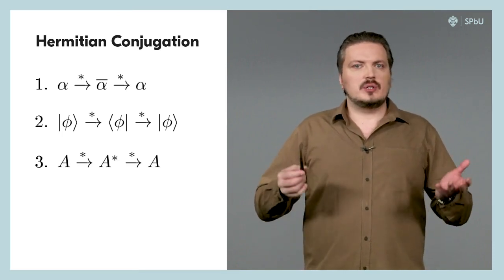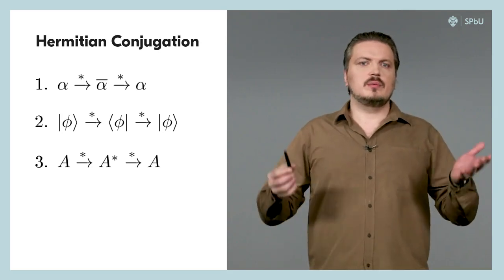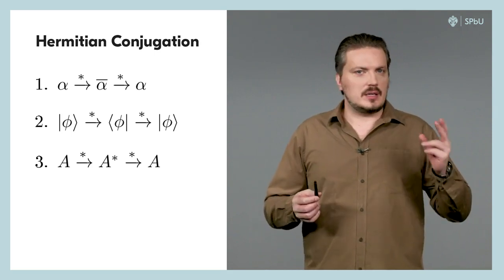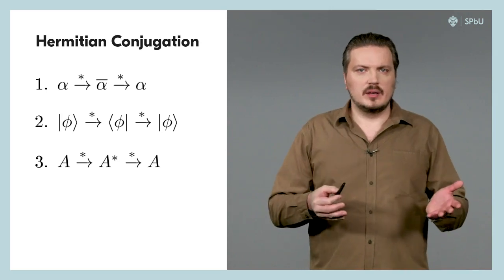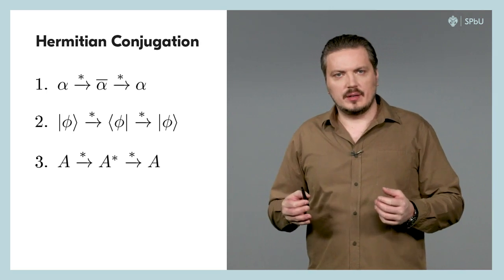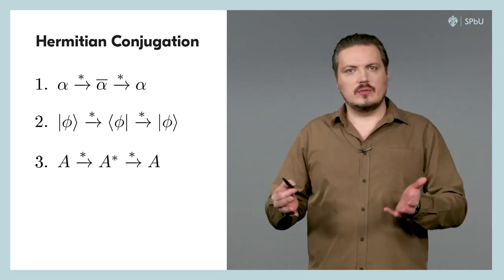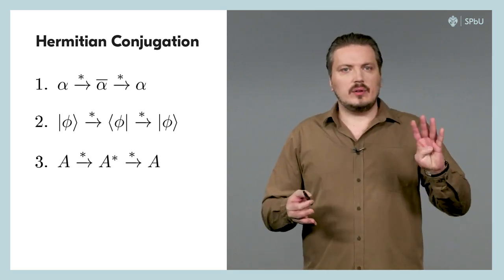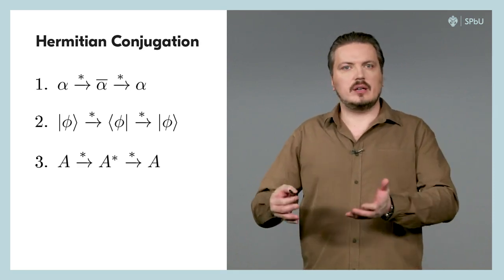The operation of Hermitian conjugation: first, transforms complex numbers to their conjugates. Second, transforms kets to bras, which means vectors to linear functionals. Third, transforms bras to kets, which means linear functionals to vectors. And fourth, it transforms operators to their adjoints.